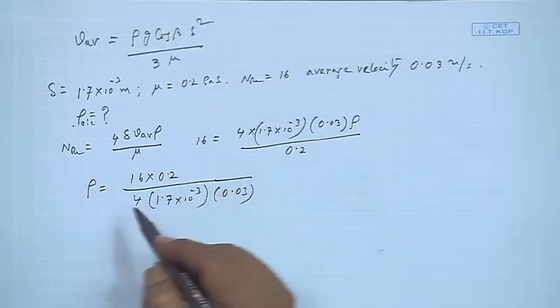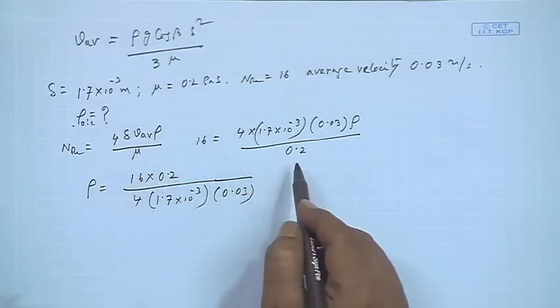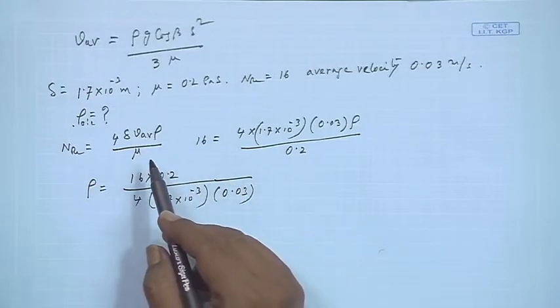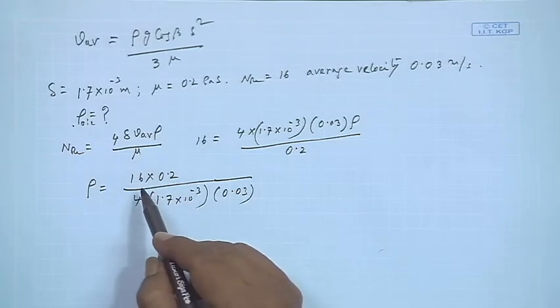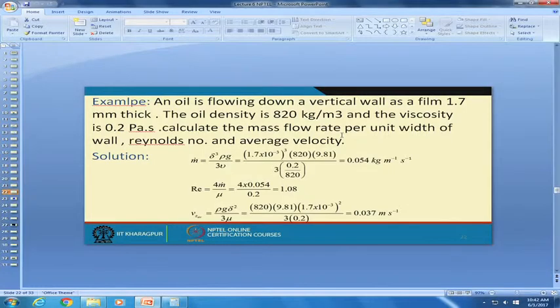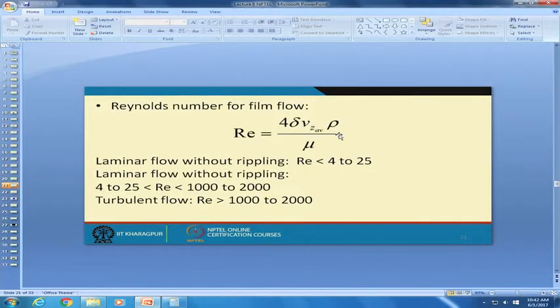viscosity, viscosity is, yes, 0.4. So it becomes 16 into 0.23. Let us look into that, 4 del V average rho by mu.